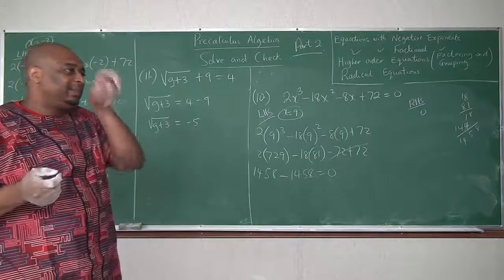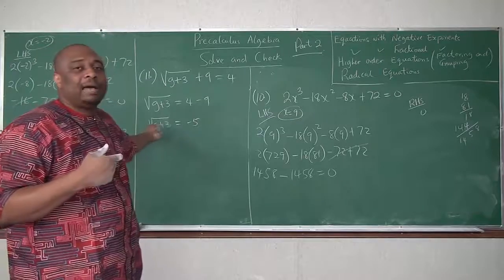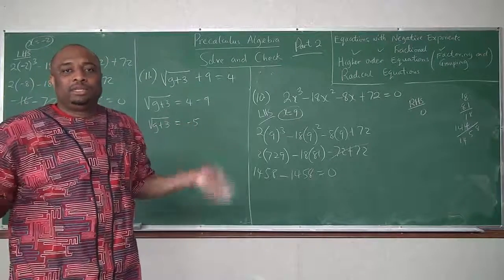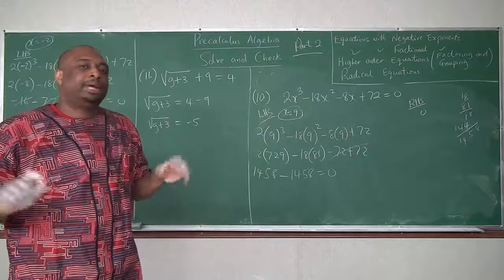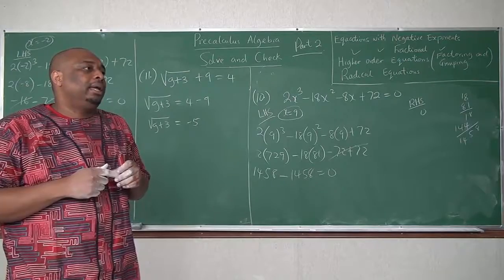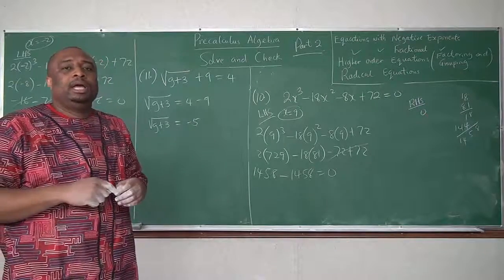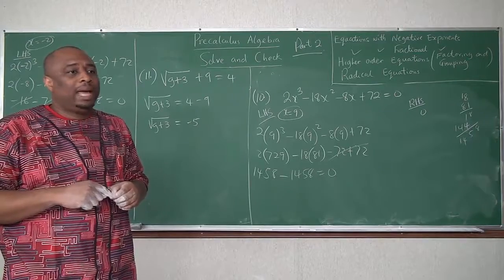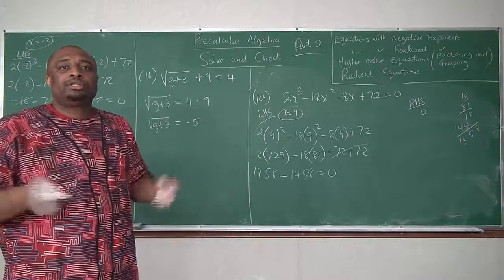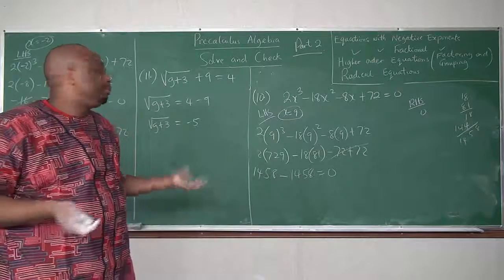When you see positive square root of a term being equal to a negative number, we just say there's no solution, because we are considering only the positive square root. Depending on how the question was asked, if the question was like, find all the solutions, both positive square root and negative square root, then you might want to proceed further.